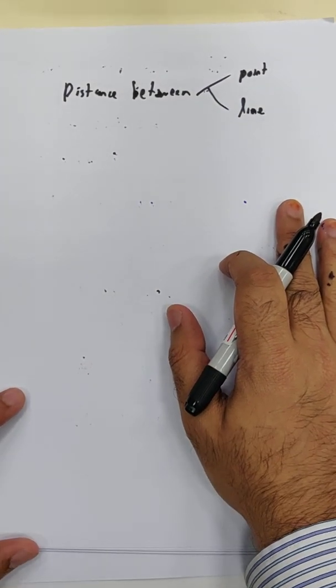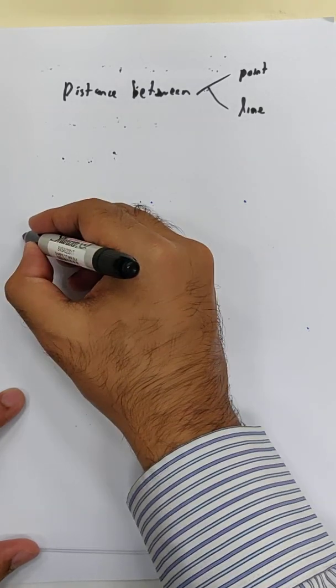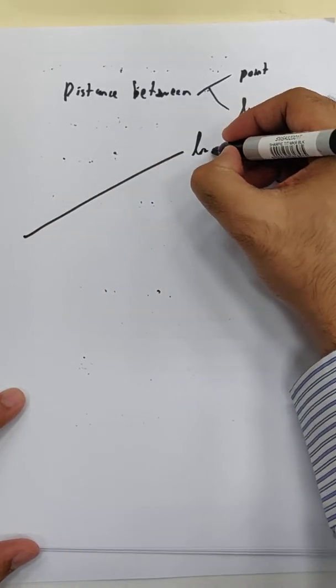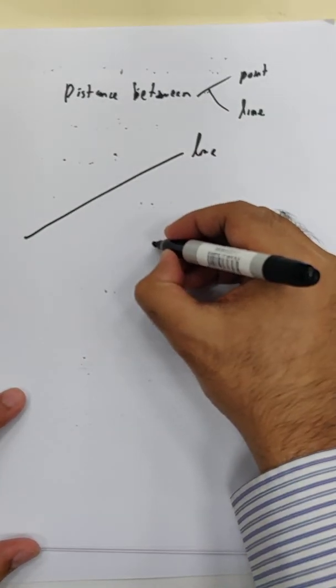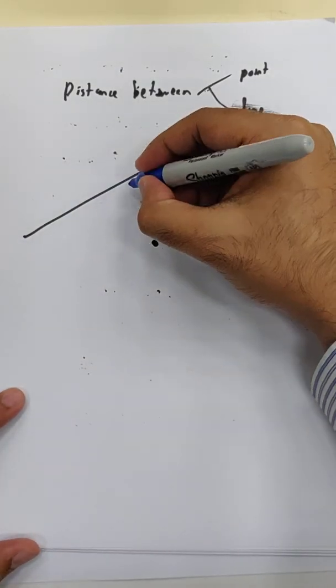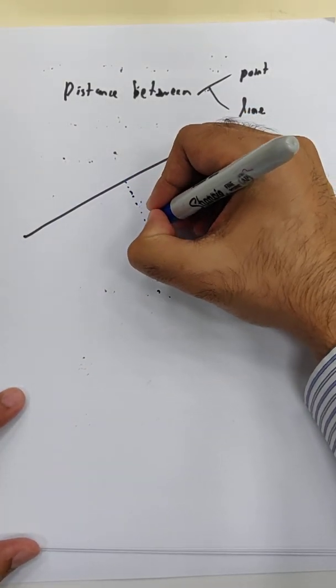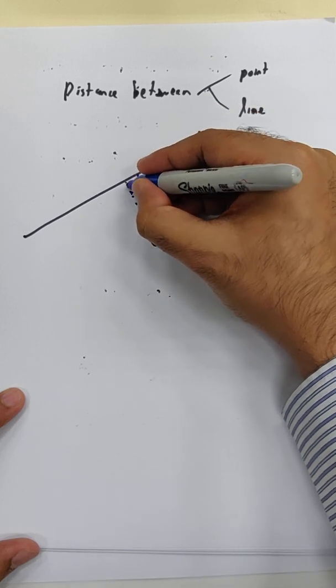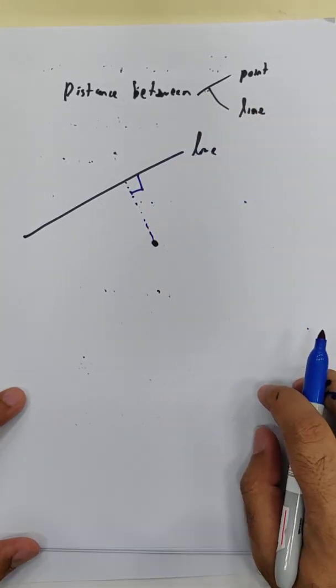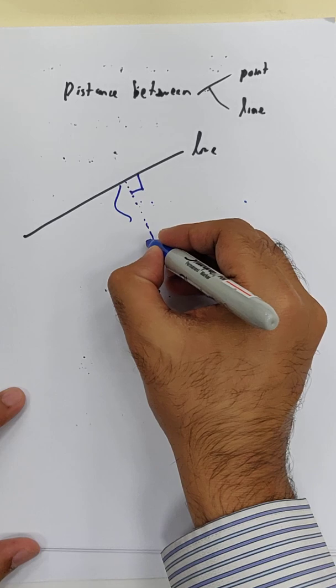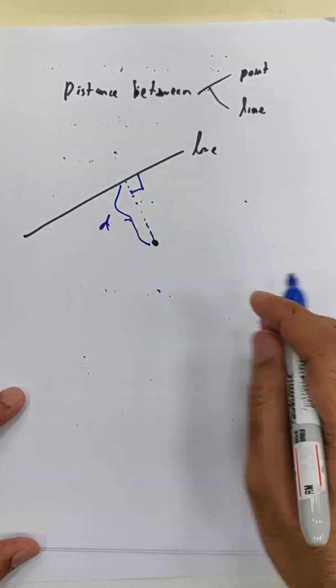You haven't learned this one yet in school. If I give you a line, and then there's a point here, and you want to know this distance, where the angle between them is 90 degrees. So basically, you want to know this distance.